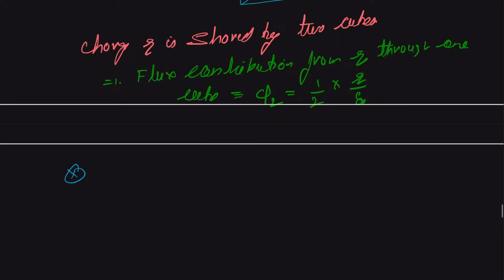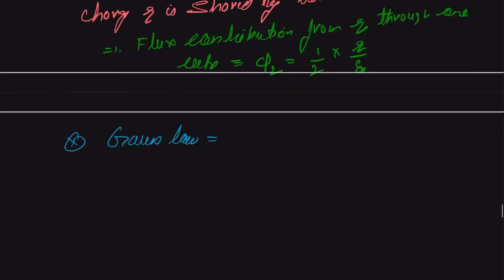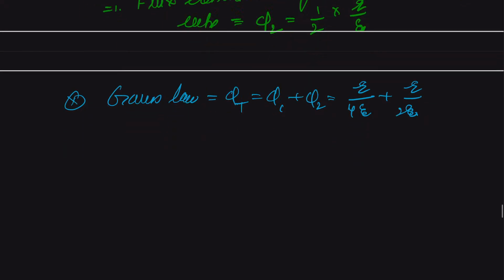The total flux phi t will be equal to phi 1 plus phi 2, which gives us q upon 4 epsilon naught plus q upon 2 epsilon naught, and we get the total flux equal to 3q upon 4 epsilon naught.